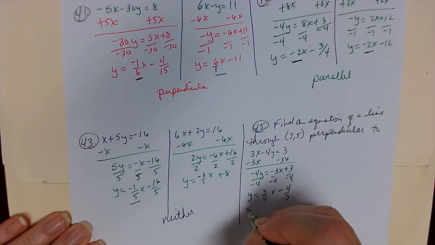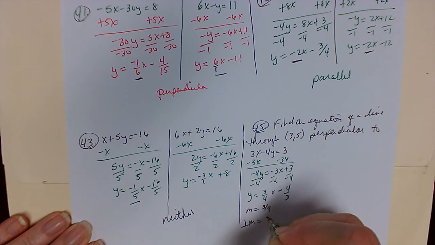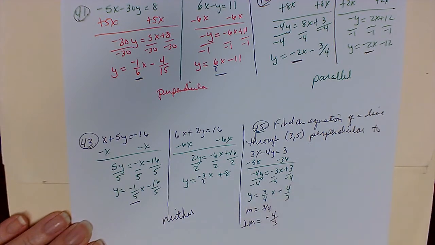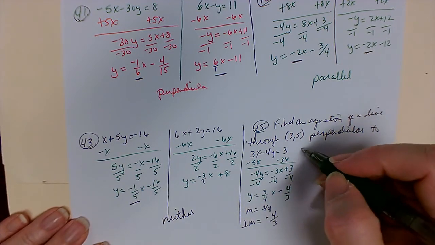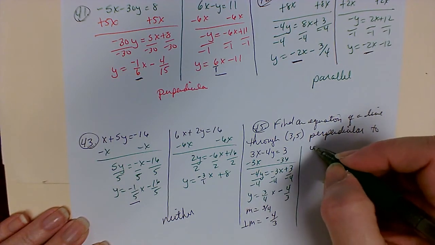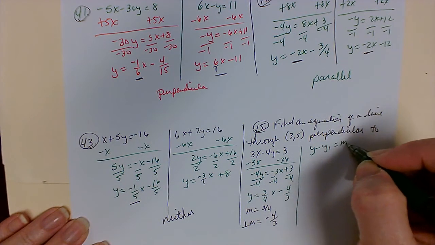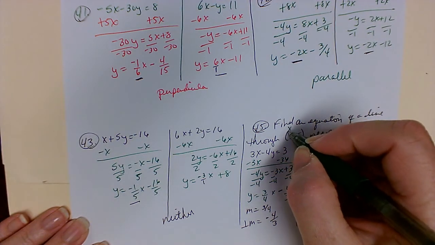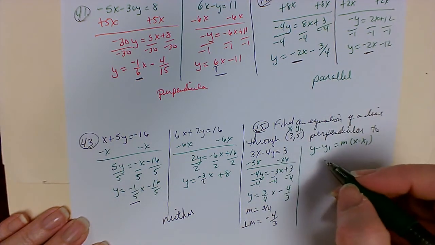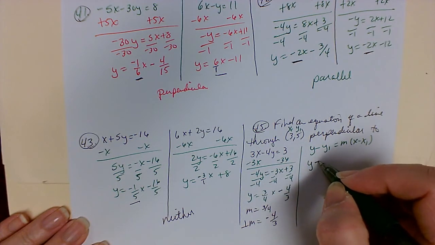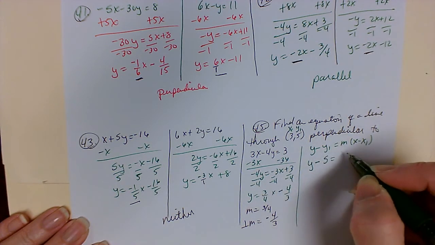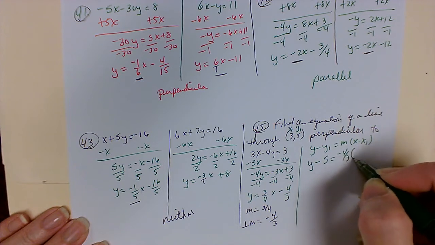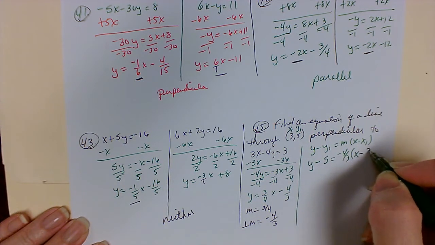So here our m is equal to 3/4, so our perpendicular m will be negative 4/3. So here we have y minus y1 equals m times x minus x1. And this is our x1 and our y1. So we have y minus 5 is equal to negative 4/3 times x minus 3.